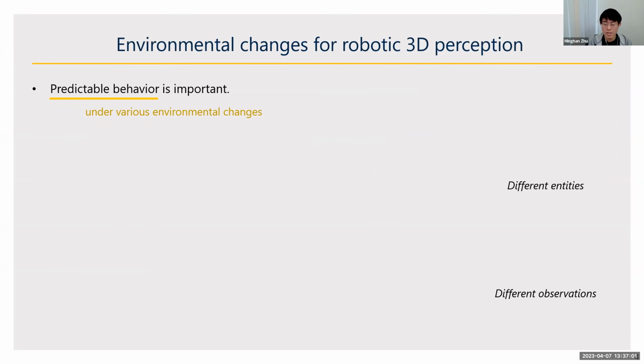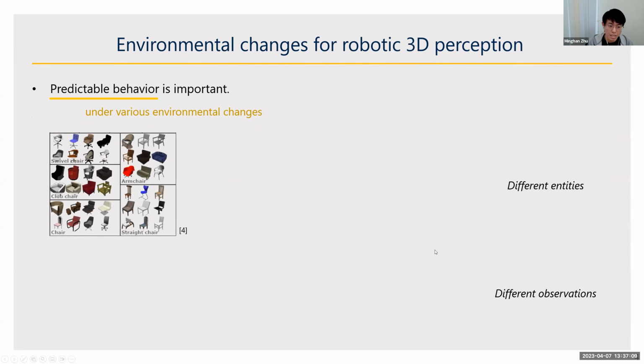The first is different entities, and the second is different observations. So for the first category, different entities, what does that mean? For example, for a perception algorithm to recognize a chair, there are a lot of chairs, with different shapes and different styles. And we want the perception algorithm to recognize each of them. So there are all kinds of chairs, and we want the model to deal with them robustly.